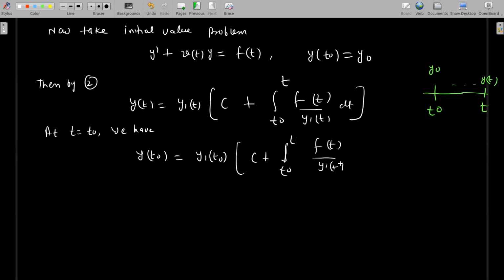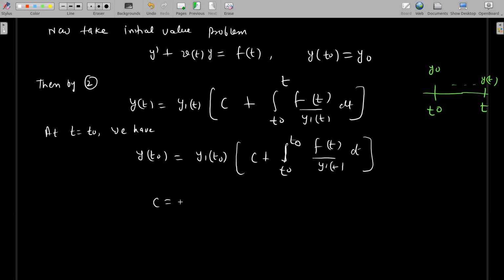So when you are doing the integral from the same limits, t naught to t naught, this will be 0. So the value of C will be found from here. This integral will be from t naught to t naught, so the integral will be 0.